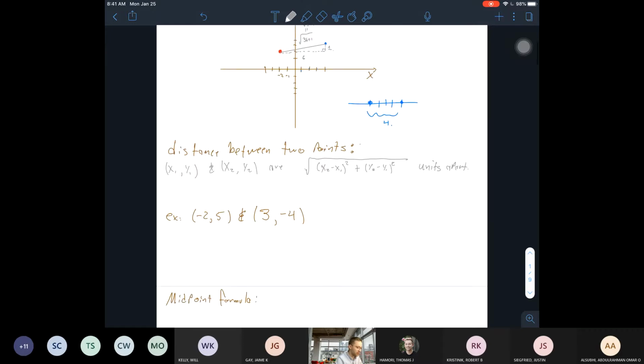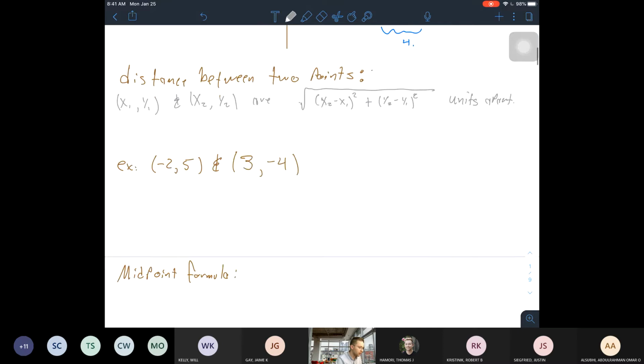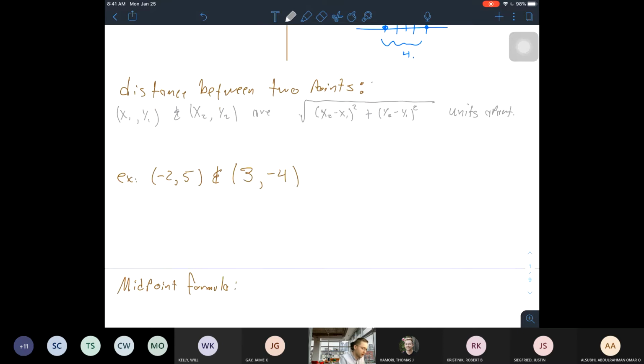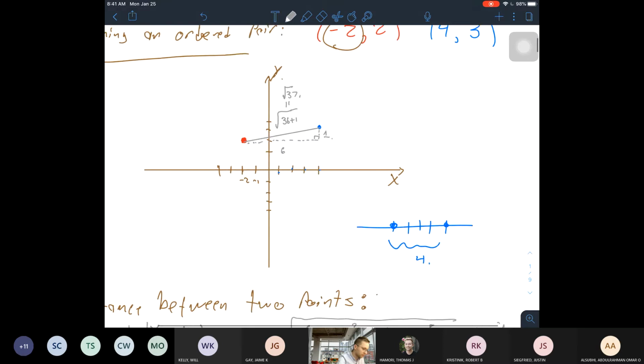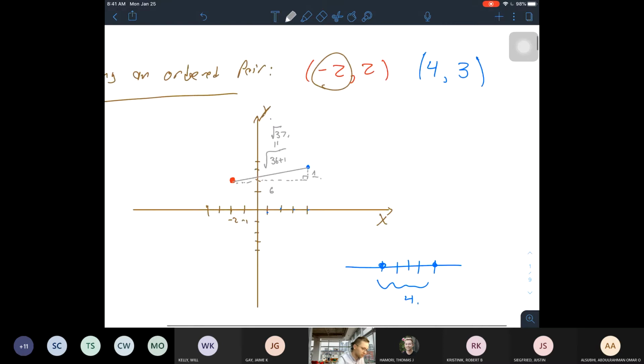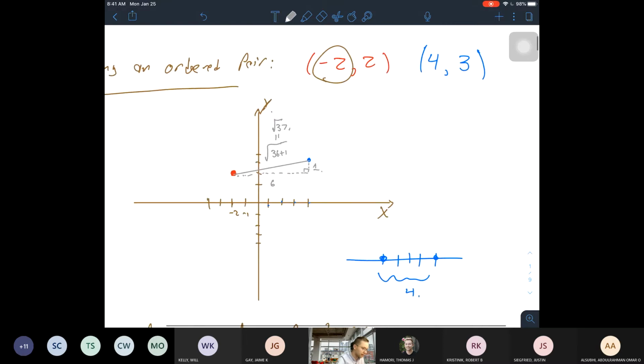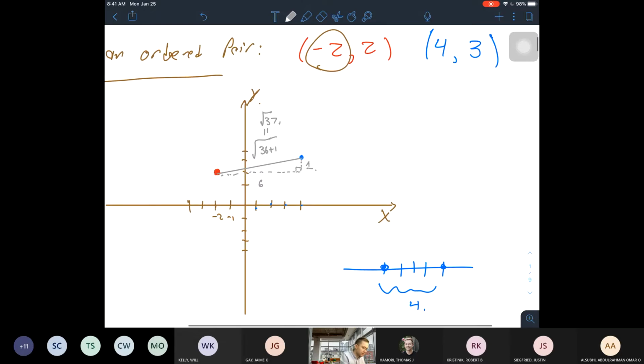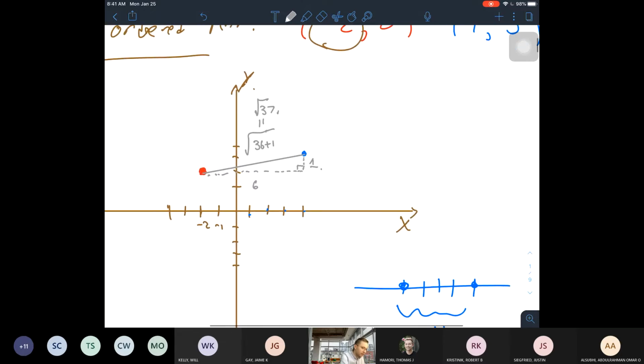So we already sort of did an example, but let's have one more. -2, 5, and 3, -4. Oh, we're just going to do the square root. Why is x 6 and not 7? Probably I made a mistake. No, I think I got it right this time. So I just counted the distance here on the x-axis between -2 and +4.